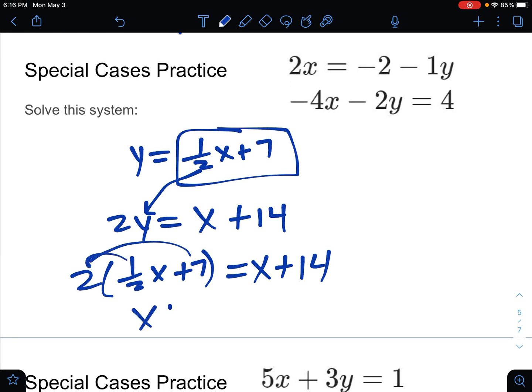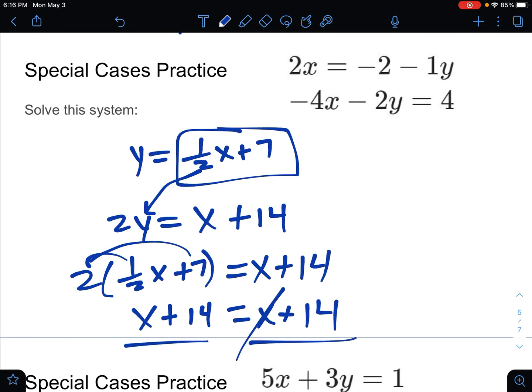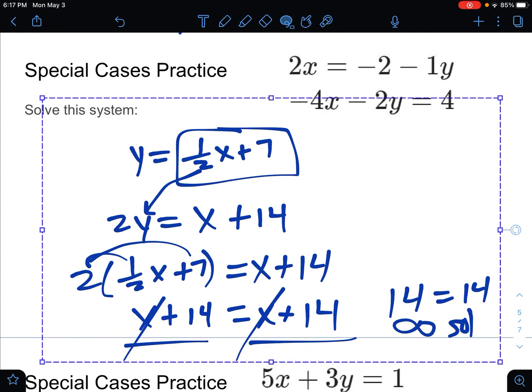Multiplying this in gives you x plus 14 equaling x plus 14. This is what I call an obvious statement because it equals itself. If you get rid of the x's, it would just be 14 equals 14, which again would be infinite solutions because that's always true. They're always equivalent, no matter what x is, which means that every coordinate will be the same. So those are our two cases here.